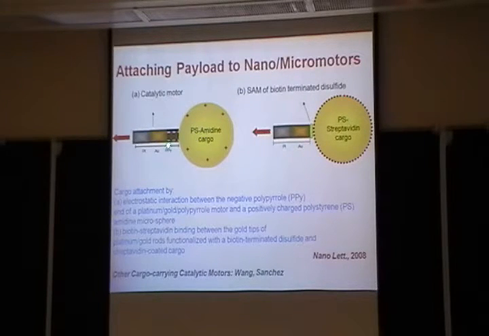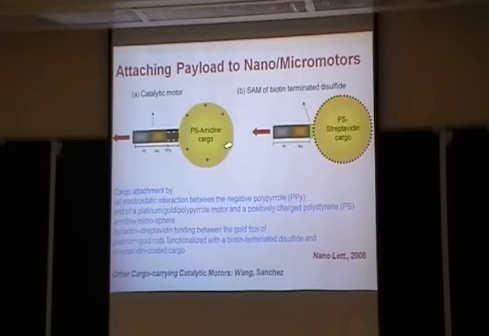You can do it electrostatically. So what you do is you take the platinum gold segment, you add a polypyrrole segment, so you're doing electrodeposition, so you just polymerize a little bit of polypyrrole on top, and polypyrrole has a much more negative zeta potential than either gold or platinum, so that's really the negative end, and so if you have a positively charged particle, hopefully it lines up like this and sticks.